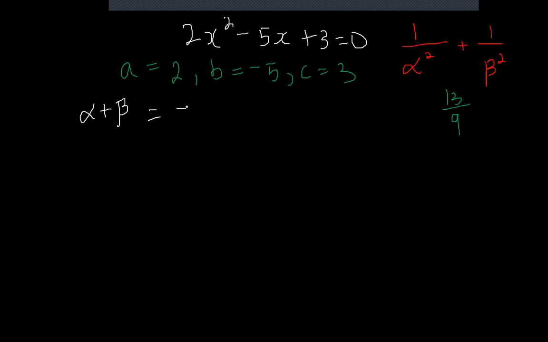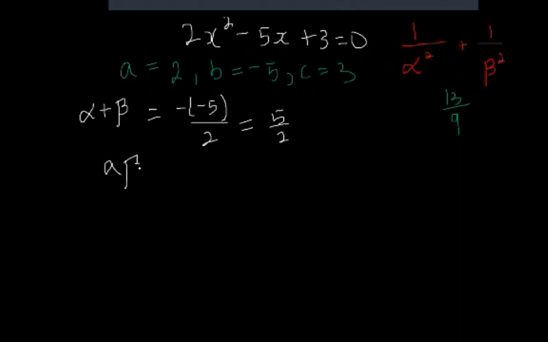Alpha plus beta is minus B over A, which is 5 over 2. Alpha beta is C over A, C is 3, A is 2, so 3 over 2.